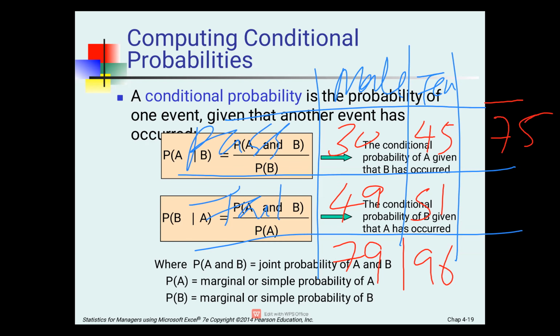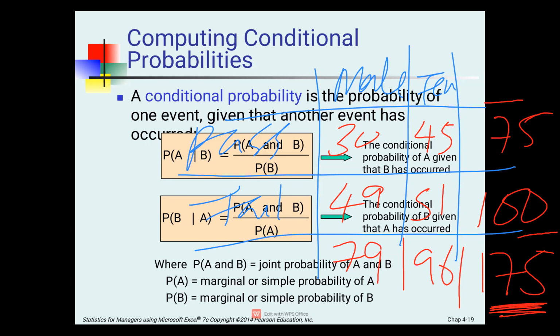This one will be 49 plus 1, 50, 100, right? When you add all of them, you get 170. So this is what you put in here as the total, 175. You've seen that it's almost getting to where we started from.